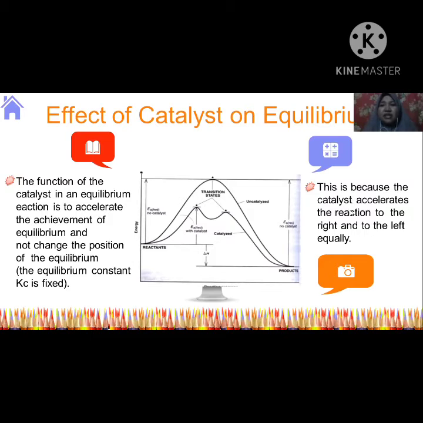This is because the catalyst accelerates the reaction to the right and to the left equally. So if we see from the picture, this is the graph with no catalyst, and this one is the reaction with catalyst. So the catalyst function is to accelerate the achievement of equilibrium but not change the position of equilibrium.